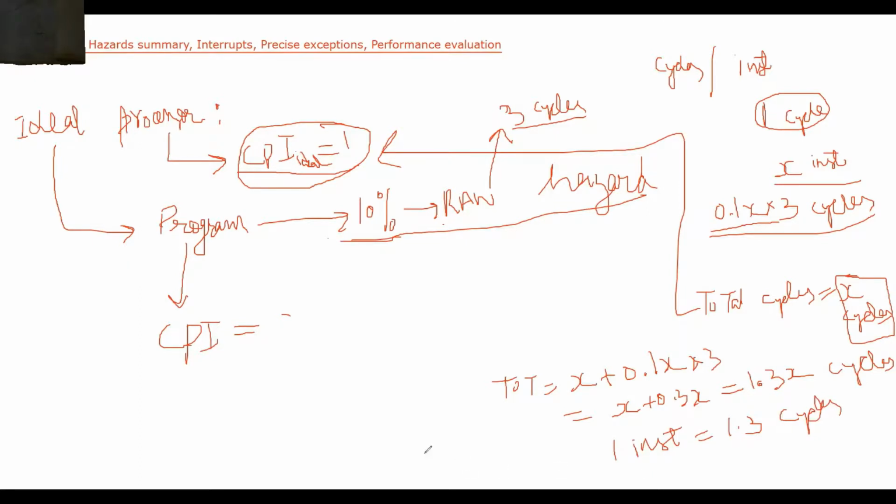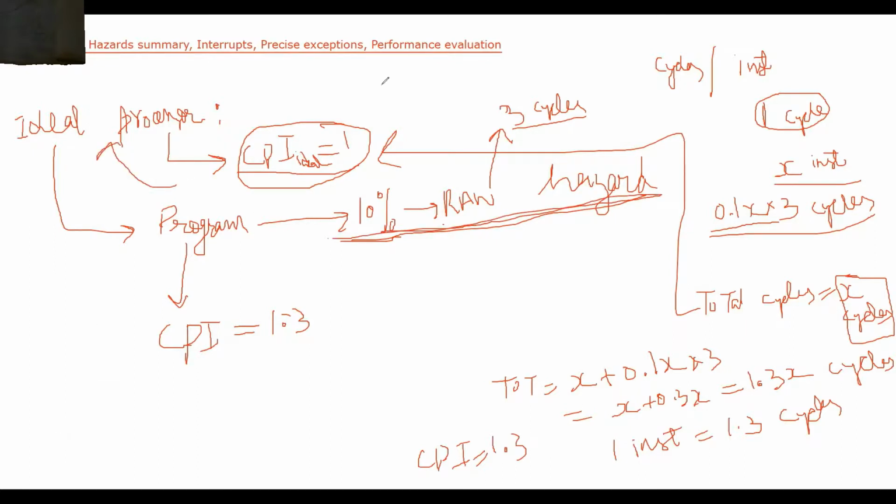So CPI will be equal to 1.3. This is the CPI when we are running this kind of program on this processor.